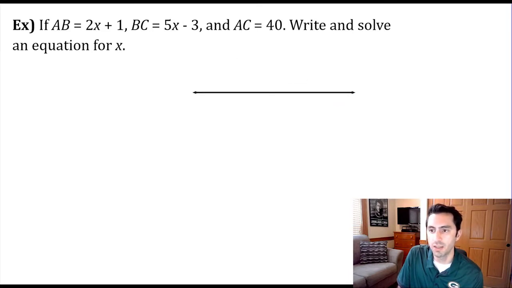And on this line, let's put a couple points. Now, I'm not sure exactly how long these segments are going to end up being, but this is just a representation. So based on the names, we have AB and then BC. So based on that, it looks like B is in the middle. And then we have A, and then our other point C.